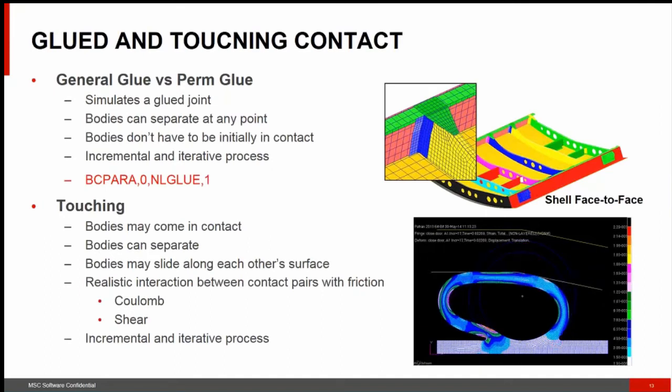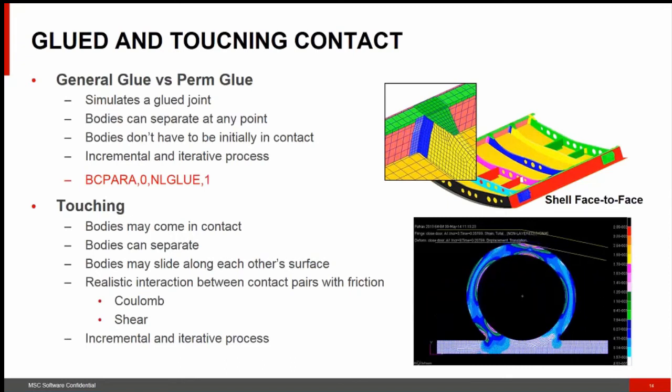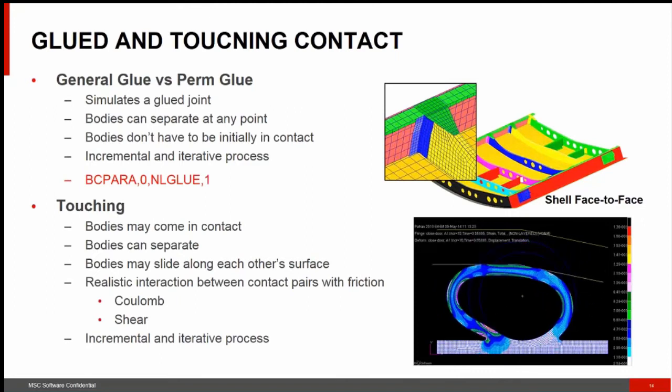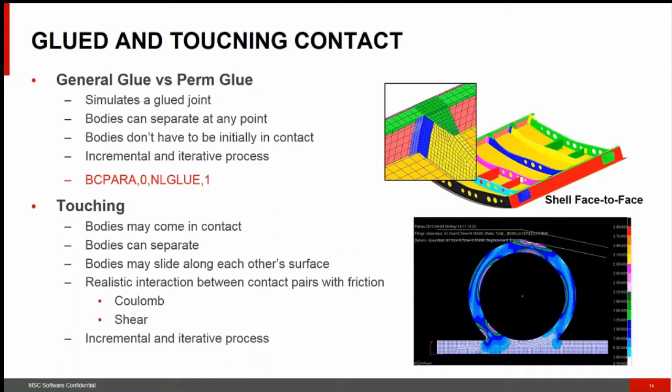Now, the different types of contact you can see here are glued and touching contact. We have several types. One type is the permanent glue, a special case of contact based off the initial condition of the bodies with respect to each other. So the contact changes in permanent glue are not considered throughout the analysis.